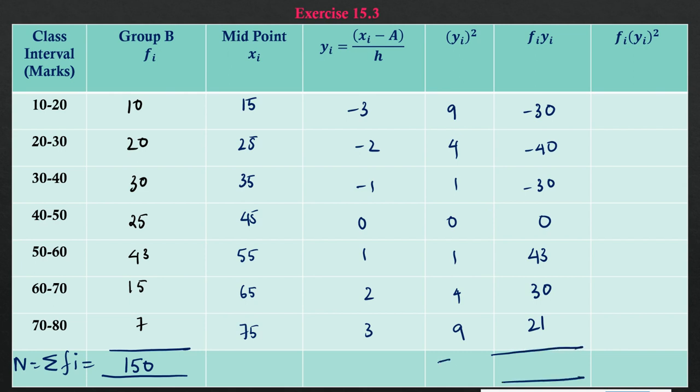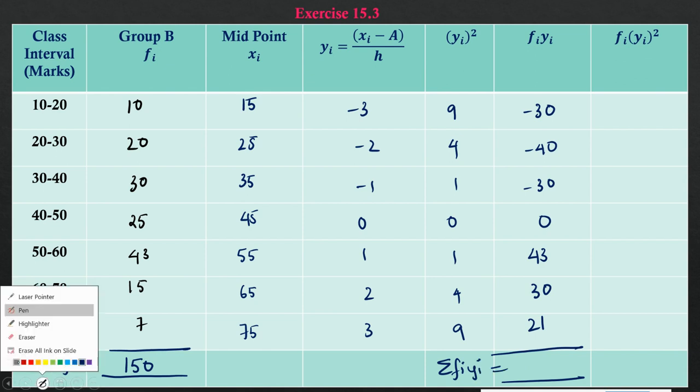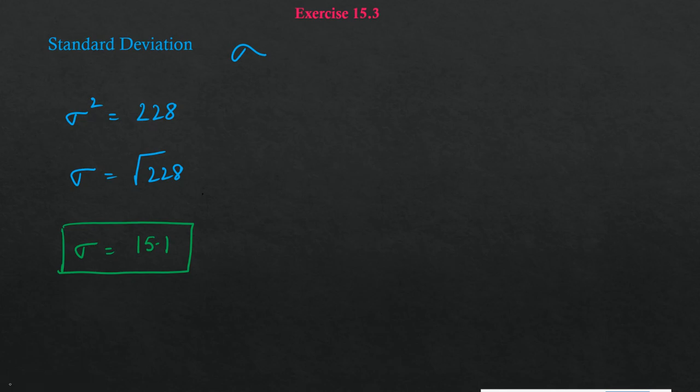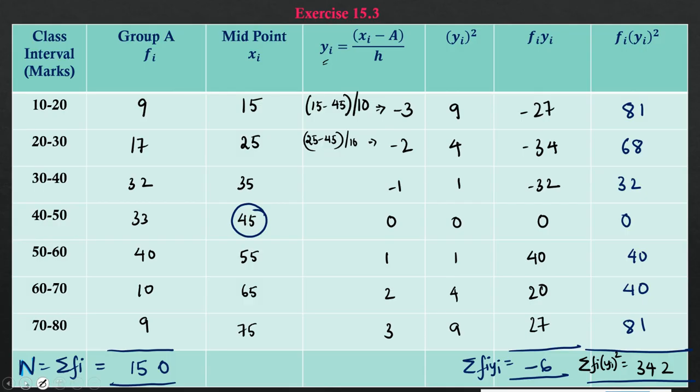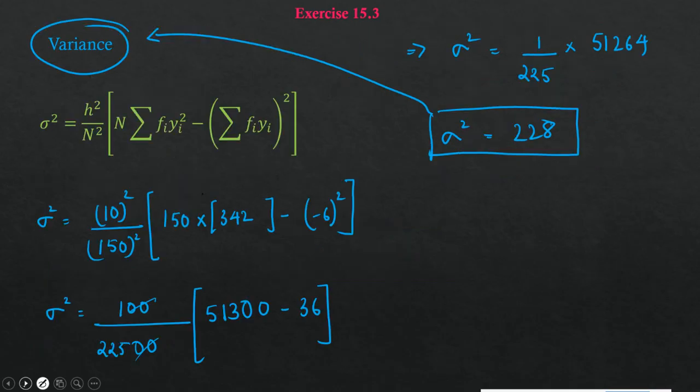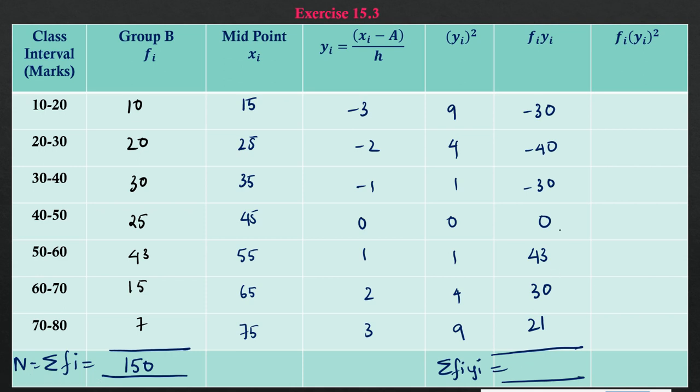When I add all this, I should be getting the value of sigma fiyi, which I have already found out over there, minus 6 again.